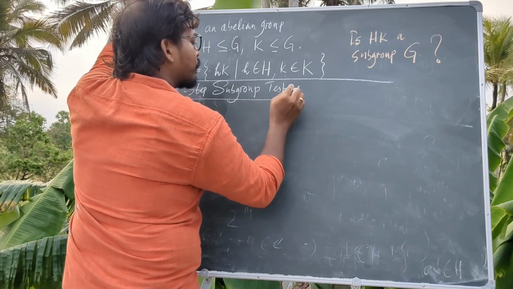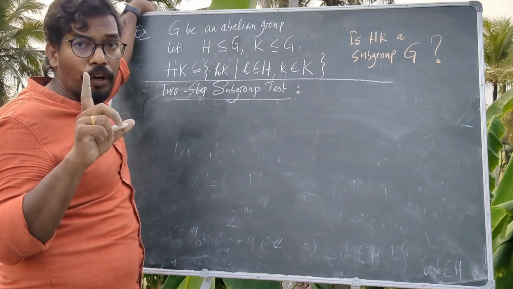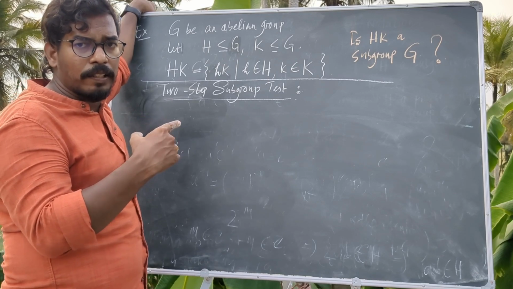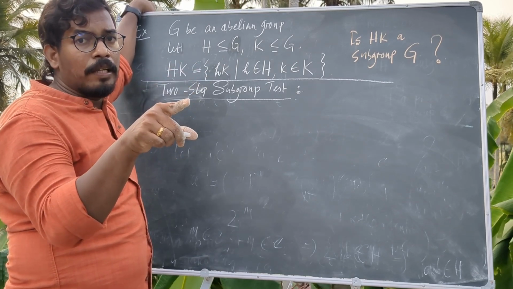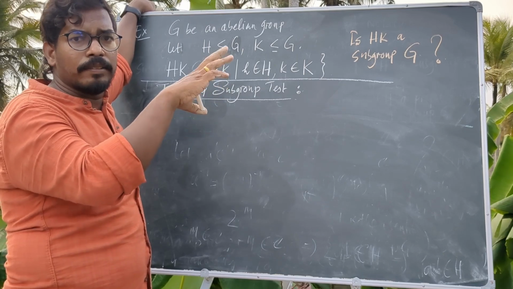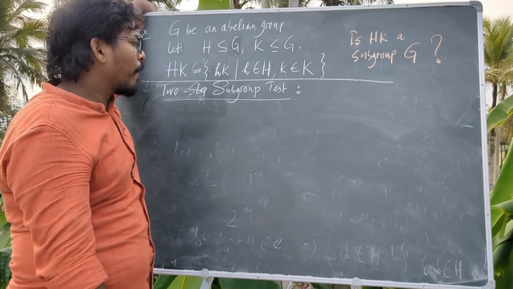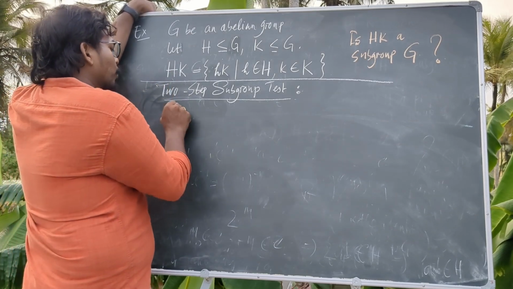To apply the two-step subgroup test, our subset must be non-empty first. In the previous example, I have missed it. We have to show H is non-empty first, and we already know H has 2, 4, 1, so H is non-empty. First we have to show HK is non-empty.